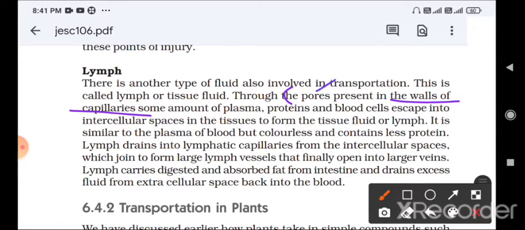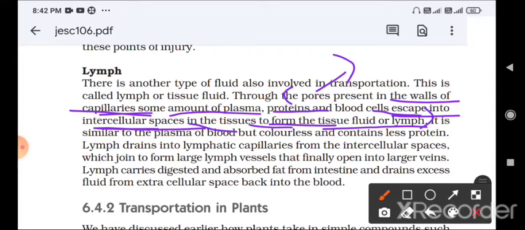Pores means small holes. Through the pores present in the walls of the capillaries, some amount of plasma, proteins and blood cells escape into the intercellular space in the tissues to form the tissue fluid or lymph. This much you have to write.